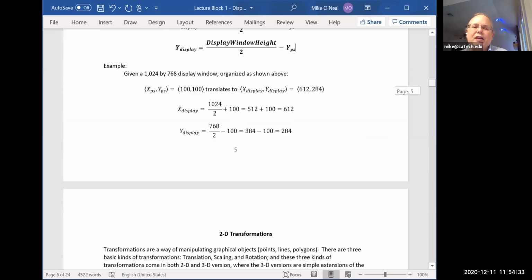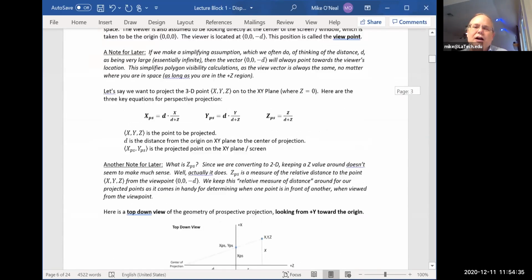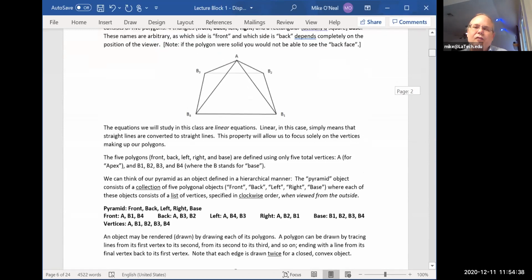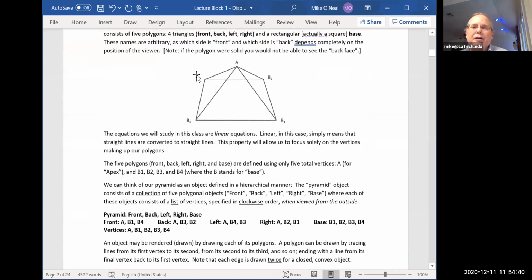So again, if we go back to our pyramid here, I said that when you do a projection, you really just need the 5 vertices that you have to project, and then you can draw the lines in 2-dimensional space, and you get something that would look just like if you projected every single point along every single edge.